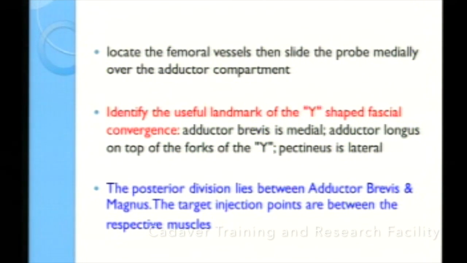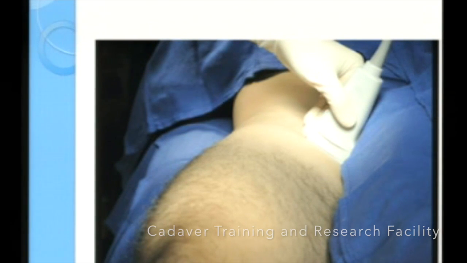Identify the Y-shaped fascial convergence, where the opening of the Y is occupied by the pectineus muscle. The adductor longus is above one limb of the Y, the adductor brevis below, and below the adductor brevis is the adductor magnus. I will show this while demonstrating on the patient.